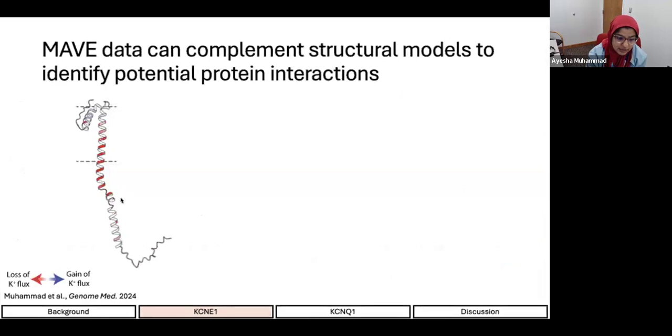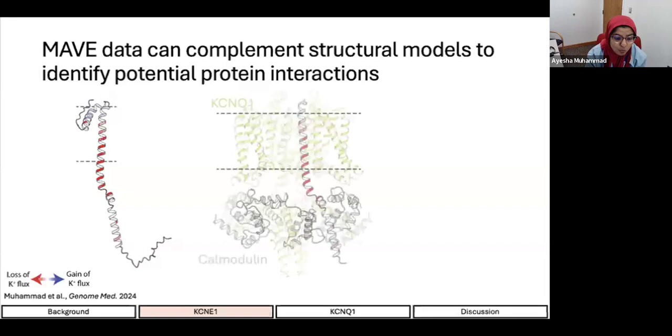So this is a structural model of the KCNE1 protein overlaid with the mean missense variant scores. And you'll notice that the transmembrane domain and 2 intracellular domains are particularly resistant to mutation. When we look at these domains in the context of the entire channel complex, we notice that these domains indicate potential amino acids that might be in interaction with other partners of the IKs channel complex.